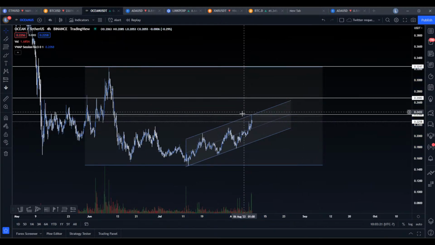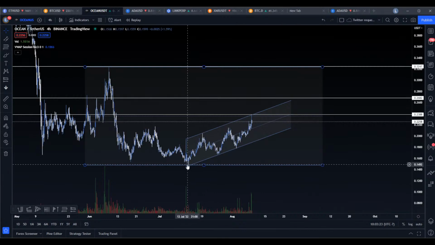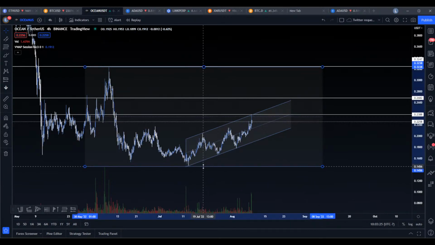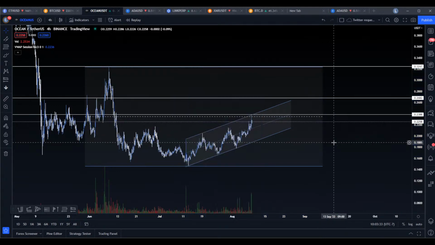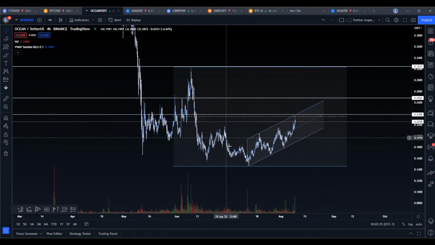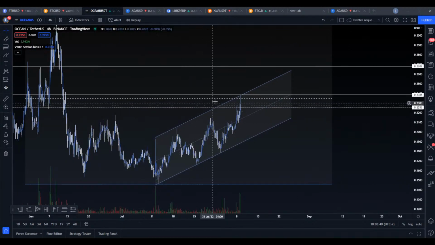So if you wanted to look at this as a range, especially if you've been a member, this is the kind of thing that I would be trading often, which would be, you have your center line touch. You have this nice ascending channel idea.